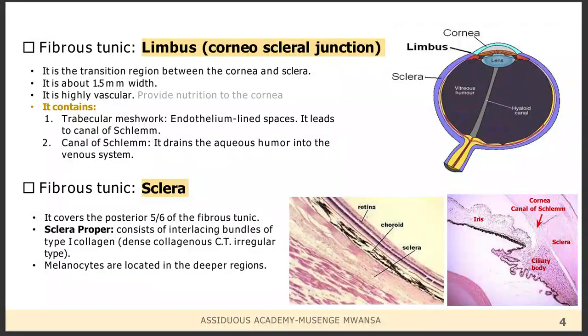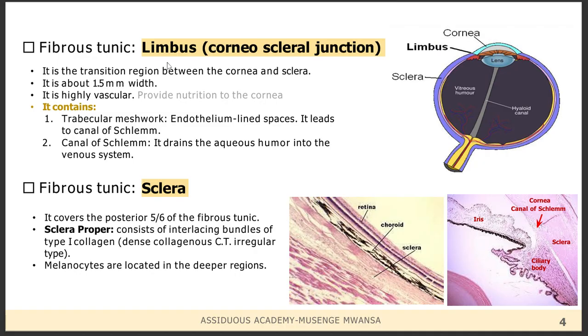So we have got what we call the corneoscleral junction. Even from the word, it's basically the junction between the cornea and the sclera. So the sclera is the posterior aspect, the cornea is the anterior 1/6, the sclera is posterior 5/6.